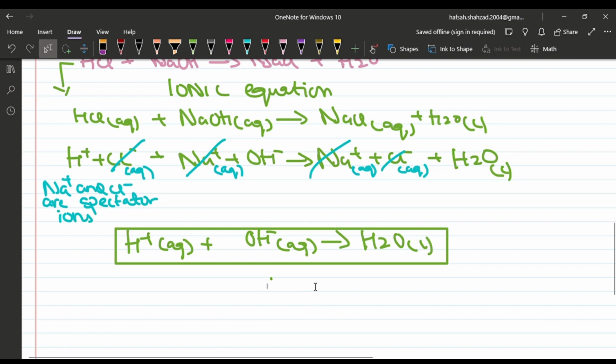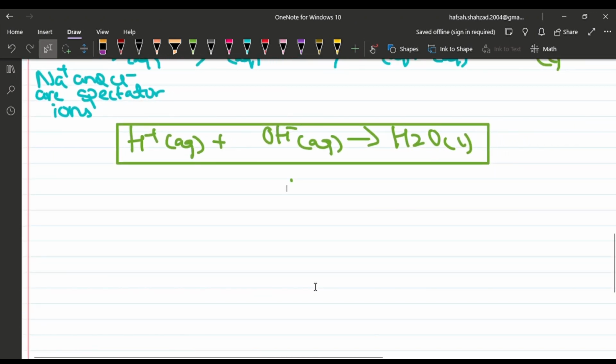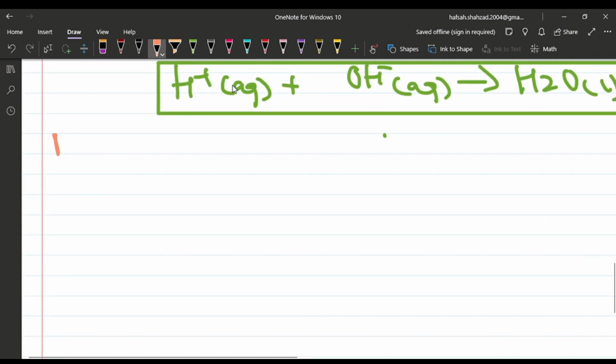Like for instance, if I were to give you another example, let's take NaOH, a strong base, and H3PO4, a strong acid.